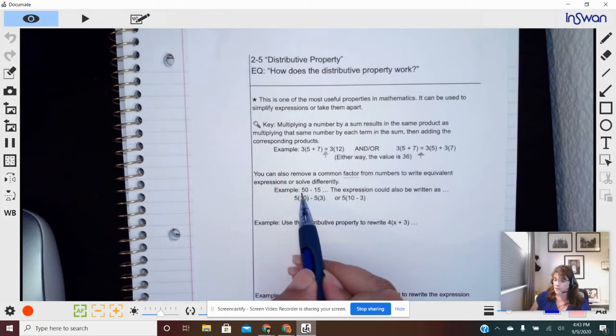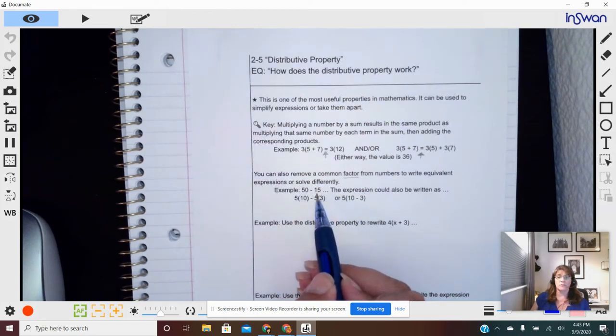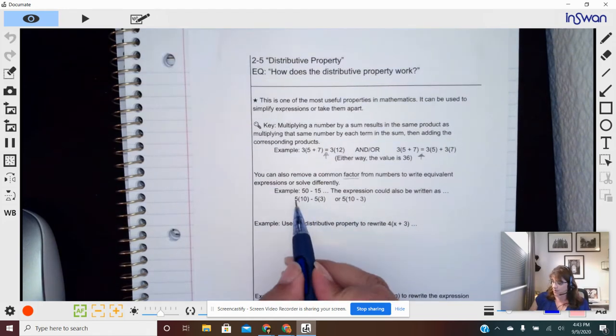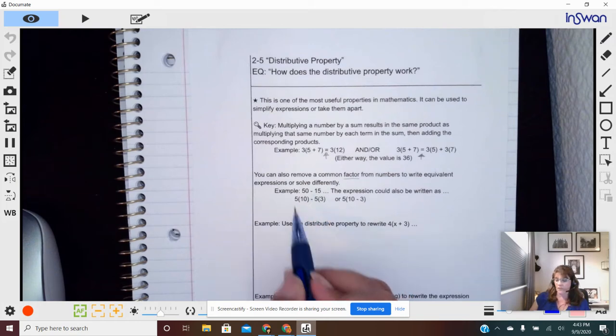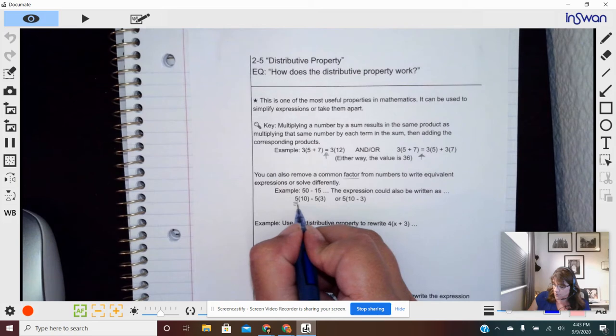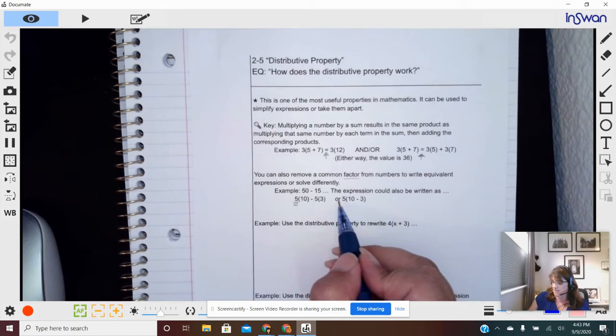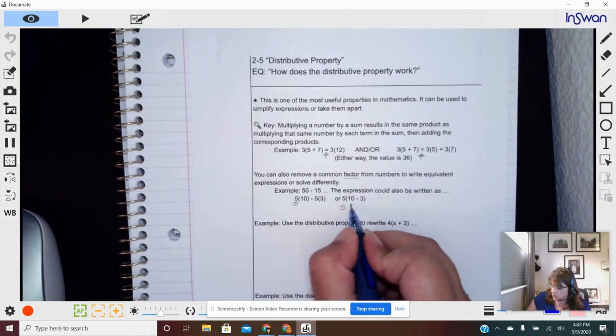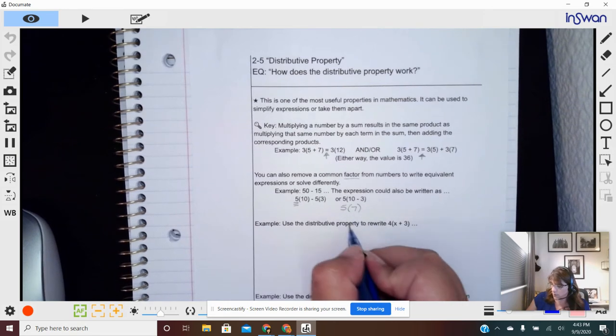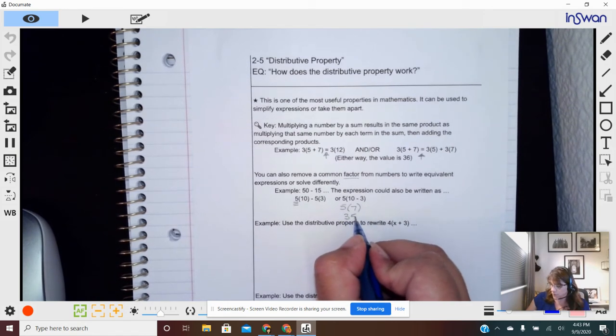Okay, so 50 minus 15. Well, is it the same as 5 times 10, that's 50, minus 5 times 3, that's 15? Well, what if I take out that common factor, in this case 5, and I say it's the same as 5 times the quantity 10 minus 3, 5 times 7, which is 35.